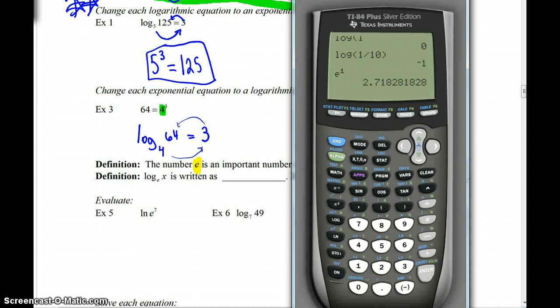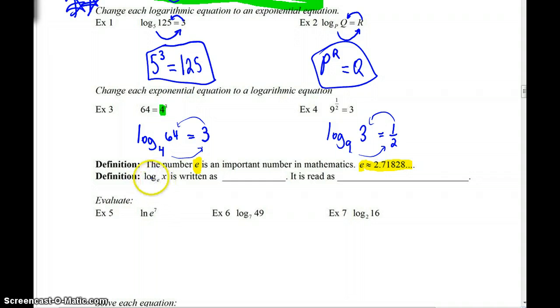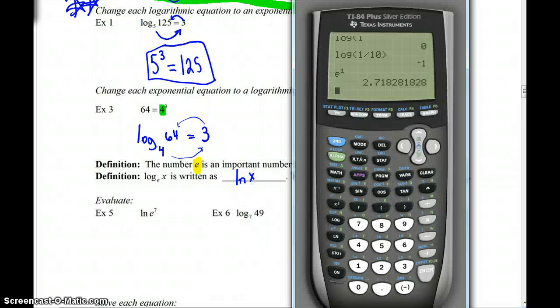Well, that being said, if we saw a log base e, remember logs can have all different types of bases. We're going to be talking about how those bases must be positive numbers, but e is a positive number. Log base e is written as ln of x. Hey, there's our ln button right next to the 4.